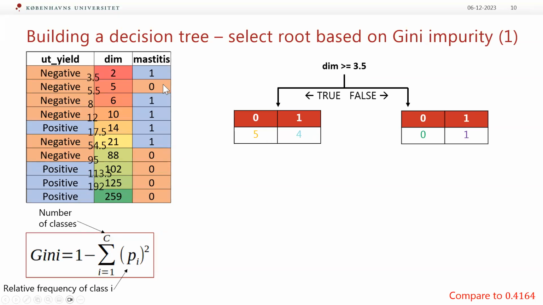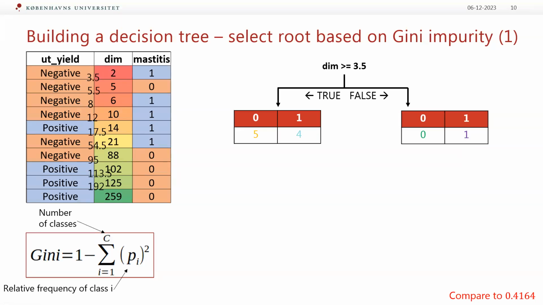And we can see that there are 9 cases where this is true and only 1 case where this is not true. Among the 9 cases where this is true, we see the 0 class 5 times and the 1 class 4 times. And in the 1 case where this is not true, we see the 0 class 0 times and we see the 1 class 1 time.